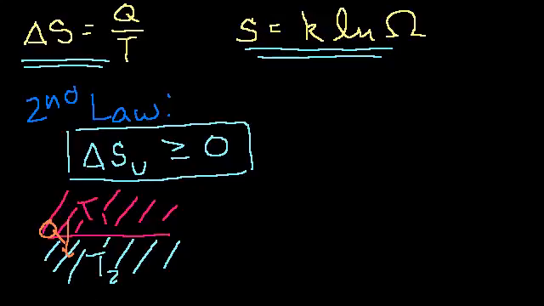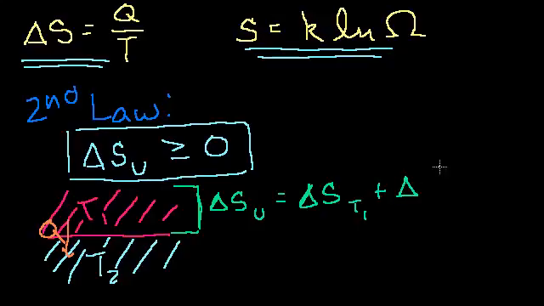So what's the net change in entropy? The second law of thermodynamics says that the change in entropy for the universe is greater than 0. But in this case, that's equal to the change in entropy for system 1, that's this hot system up here, plus the change in entropy for system 2. So what's the change in entropy for system 1?